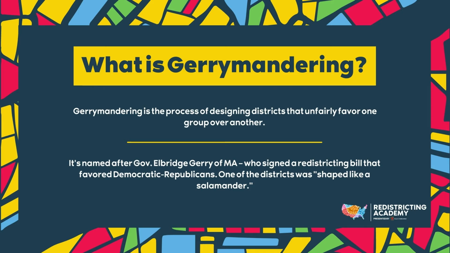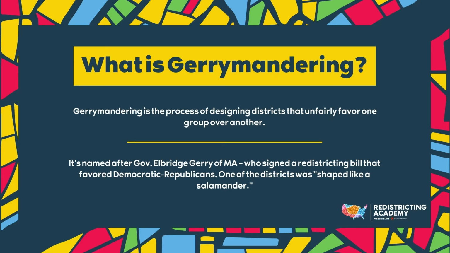It's because it actually came to be in the 1700s when Governor Elbridge Gerry of Massachusetts signed what I believe, or what people believe, is one of the first redistricting bills that definitely favored one group over another. And in this case, it was the Democratic Republican Party.